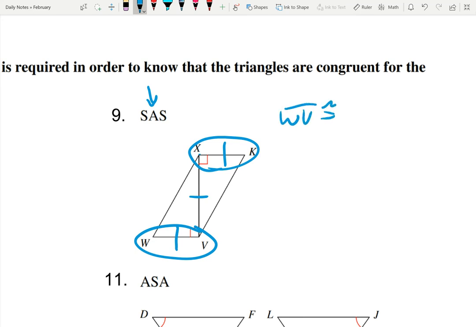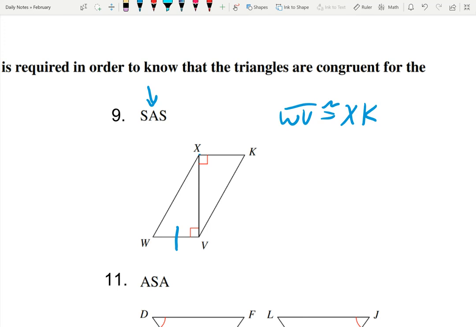So remember, we were already given, let me put this in red because the angles are in red, the part here in the middle, that side we were already given was congruent. So we already knew XV was congruent with itself. It's just the third side that we needed to know. And that was going to be this one and this one, because that would make the angle sit between those two sides.